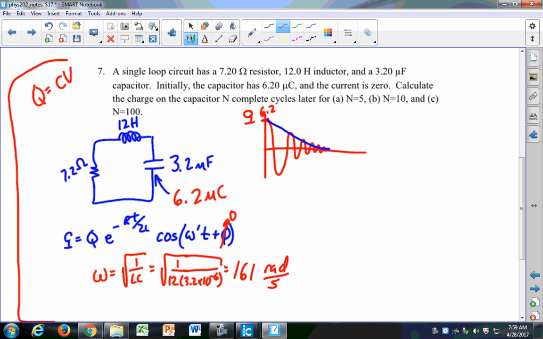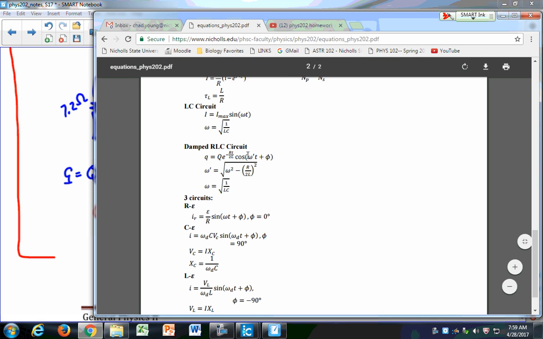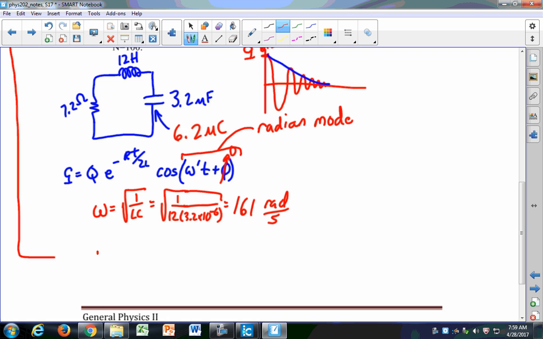Oh, by the way, I didn't tell you all this, but anytime you're dealing with this in your calculator, it will need to be in radian mode. So as you're working through the homework, if you're getting the wrong answer, make sure that you're in radian mode. And so then I can also find my omega prime. My omega prime is the square root of omega squared minus R over 2L squared.